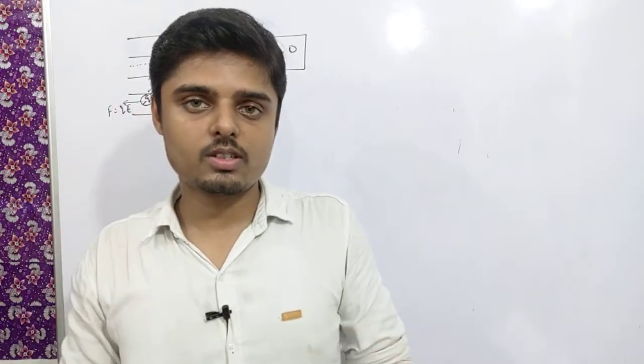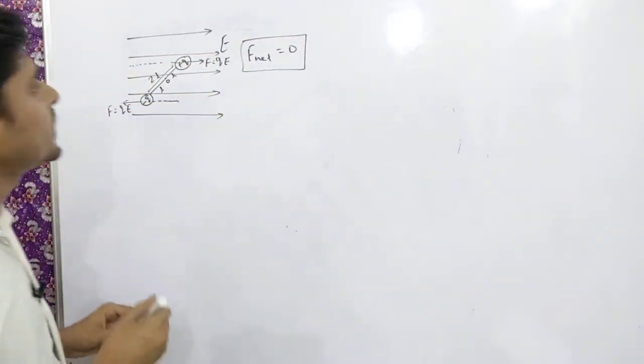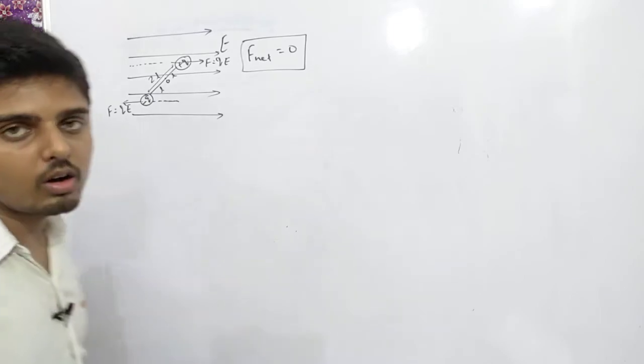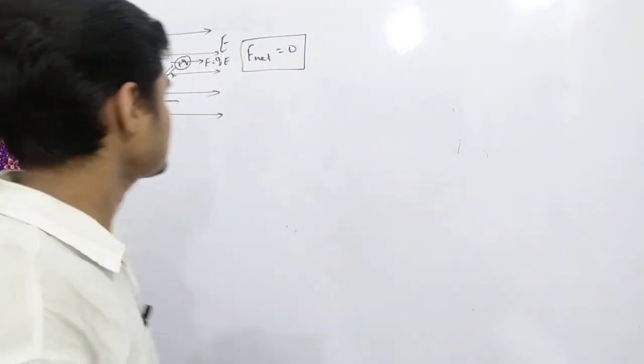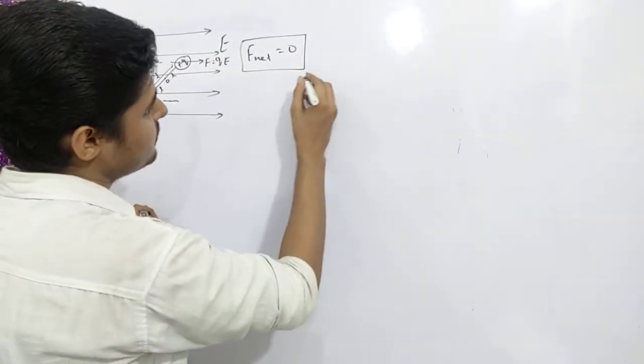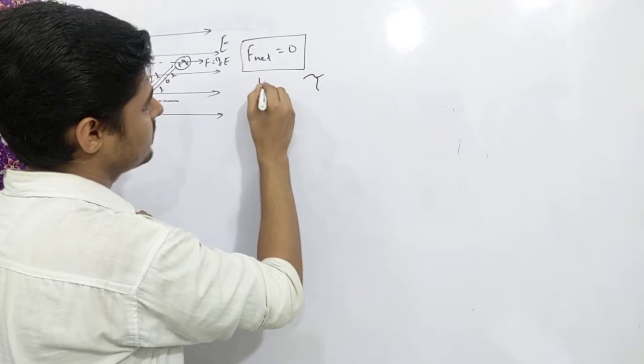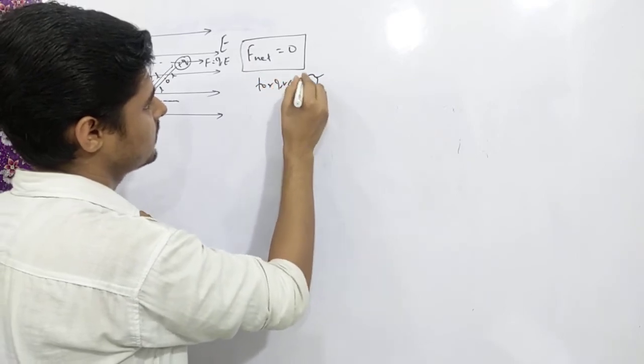And that force which rotates anything is called what? It is called torque. So we have to find what the value of torque is which it will experience. What is the formula of torque?